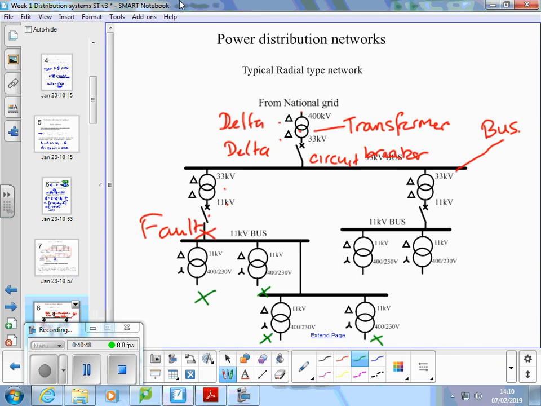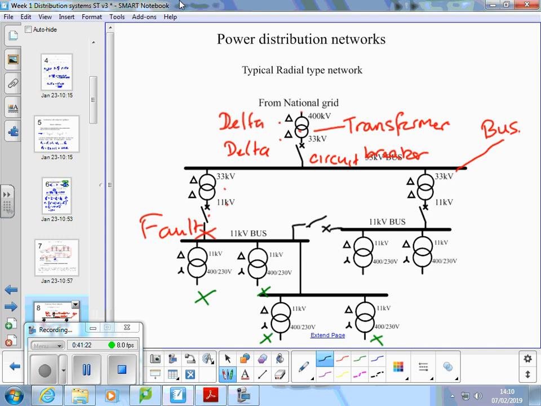Now, you could get, in some cases, depending on how much each of these two sides is loaded, there might be a case where there's an interconnector between these two buses that's normally open, but they might be able to isolate the fault, close that and resupply some of these consumers that have lost supply, but only if that facility's there.